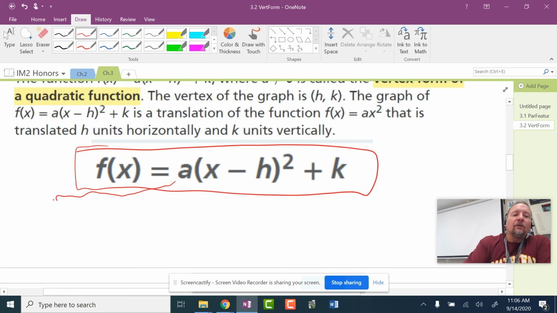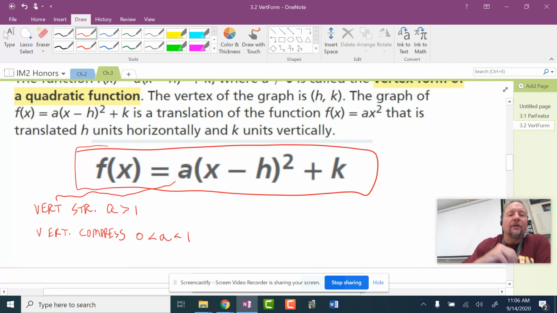This is still a vertical stretch if A is greater than 1, a vertical shrink or compress if A is between 0 and 1. I'm going to use compress. I think one of the other math teachers in our group likes compress better, and I'm fine with it. I think they both work.